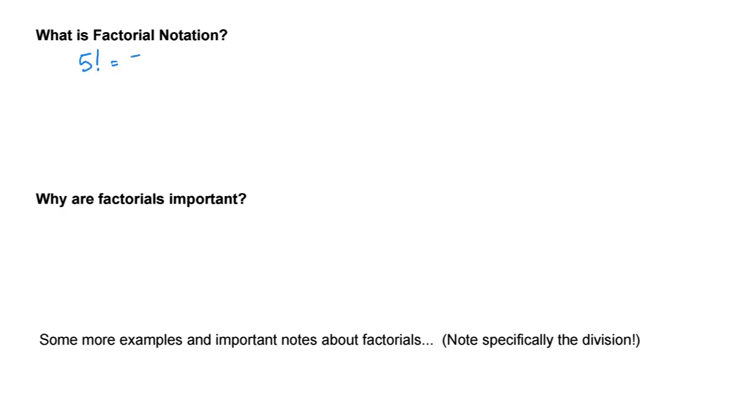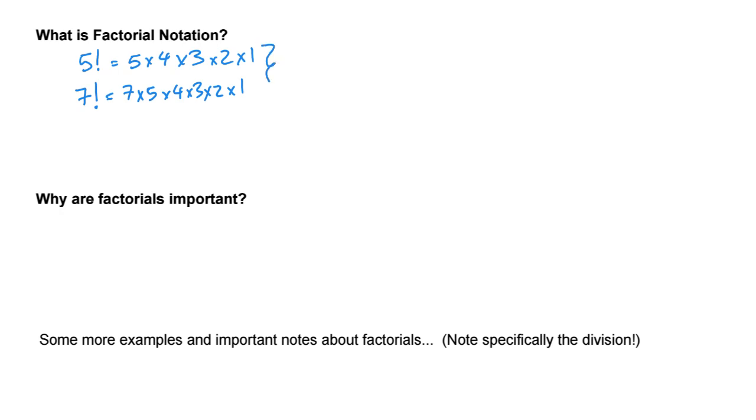I write 5 times 4 times 3 times 2 times 1. Let's say with the concept of factorial notation, I give you the number 7 factorial. Write down what you think it is. If you think it's this, then you're right. So, a factorial is that.